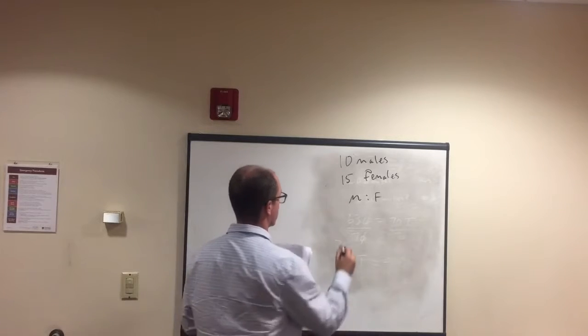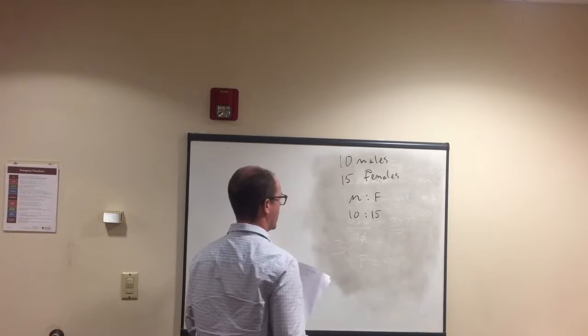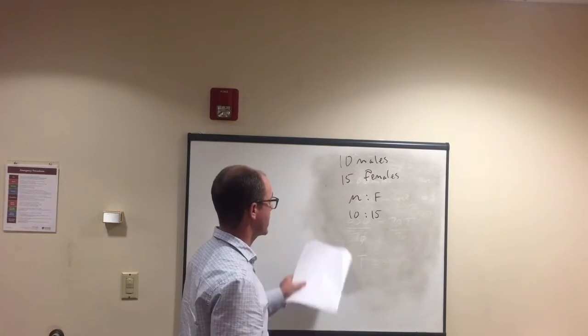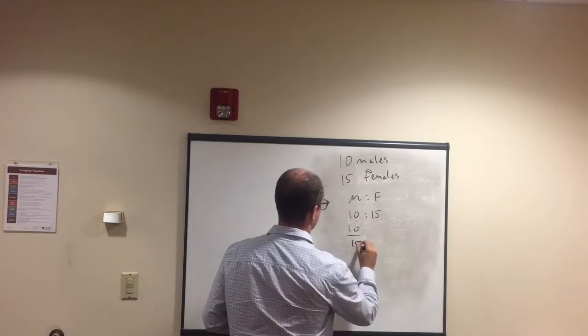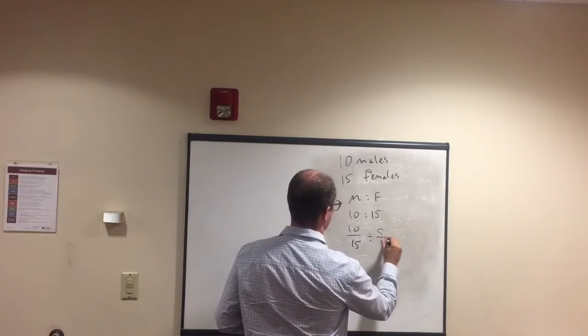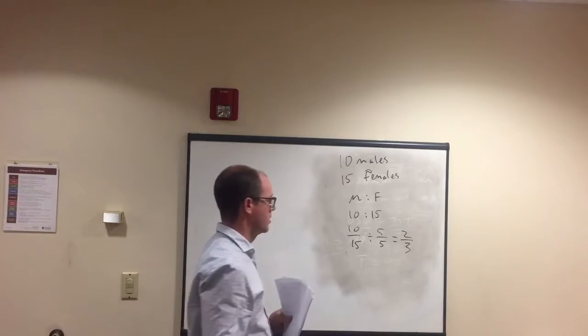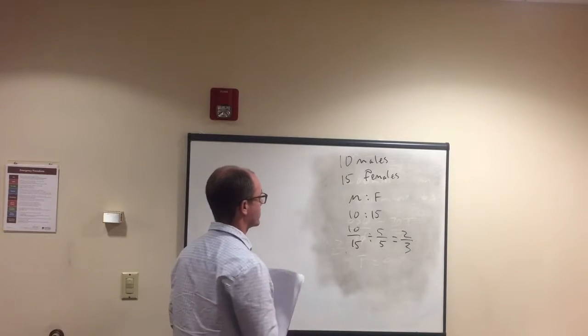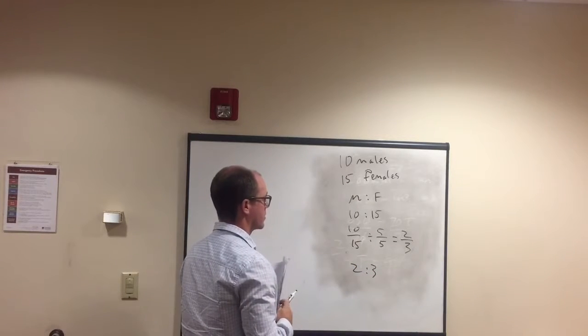So we got 10 males, 15 females. If I divide each of these by 5, so we have 10 over 15, divide top and bottom by 5, we get 2 out of 3. So males to females would be 2 to 3.